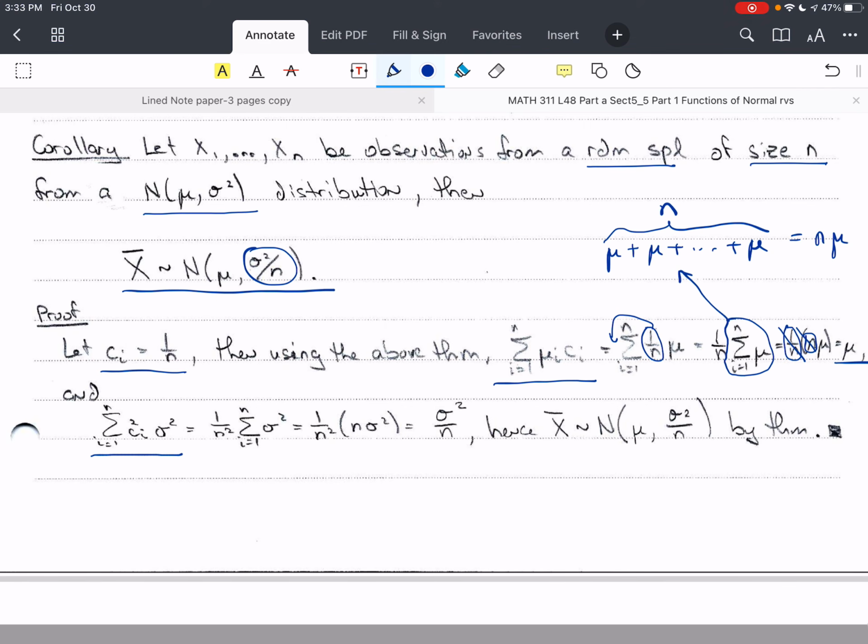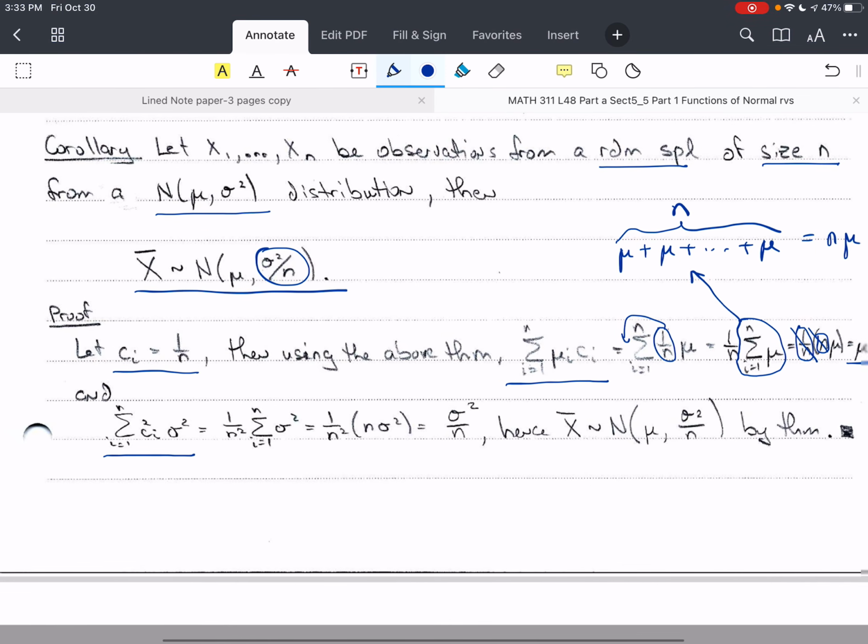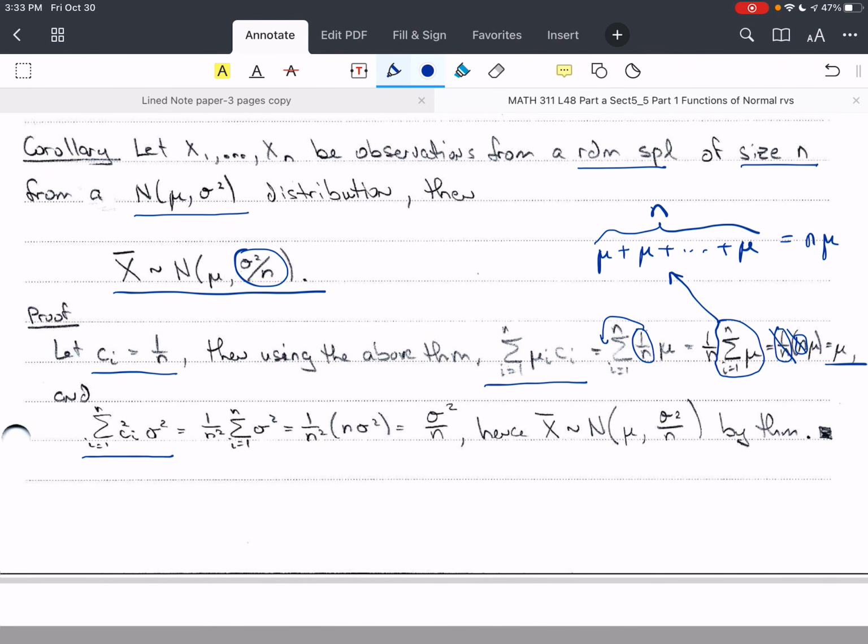Okay? And we don't have an i here, so we can pull out, let's see, ci is 1 over n. So I pull out ci squared, the sum from i equals 1 to n of sigma squared, and ci squared is equal to 1 over n quantity squared, times the sum of sigma squared.